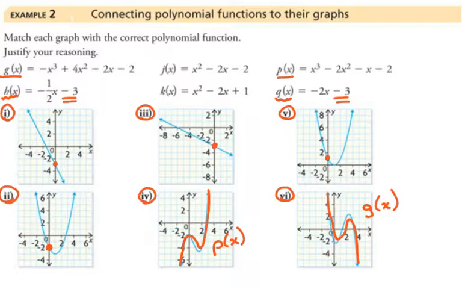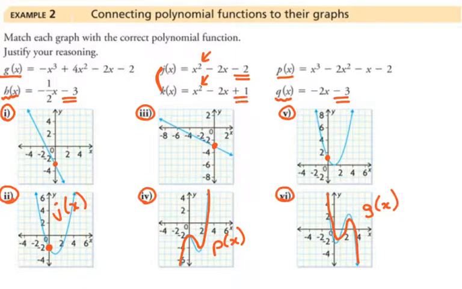The parabolas must be J of x and K of x because we have degree 2, and parabolas match with degree 2. Looking at the y-intercepts from the equations, J of x would have a y-intercept of negative 2, so that means it has to go with II.